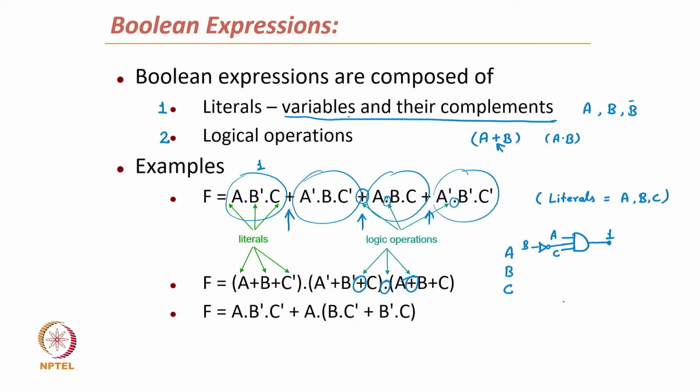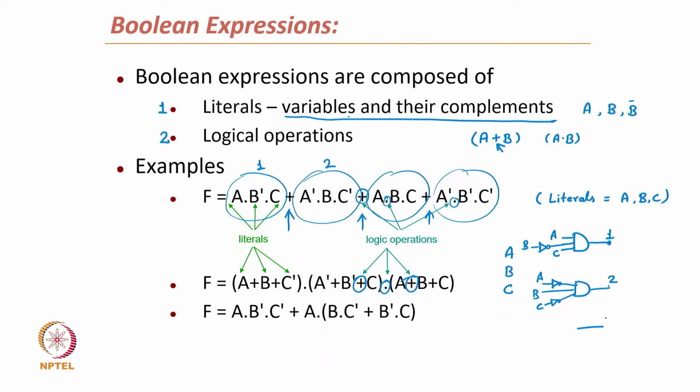Similarly, we can implement another digital gate for A dash B C dash. So, we have now A dash inverted, B is directly going there, and C is again inverted, and then we have this output 2.